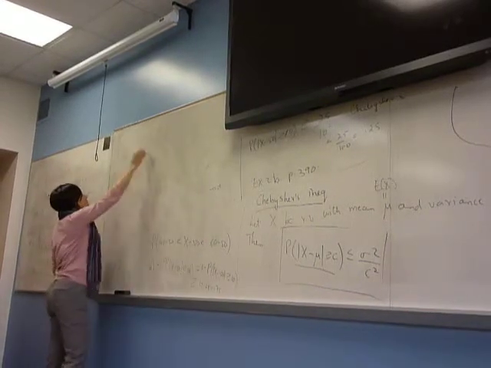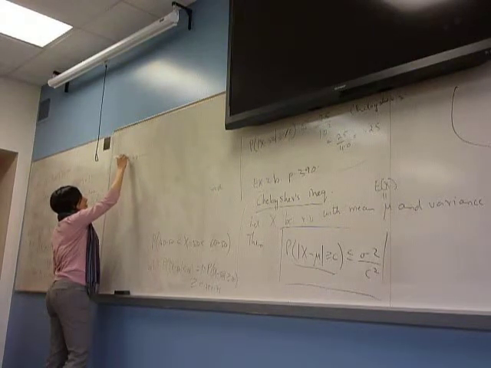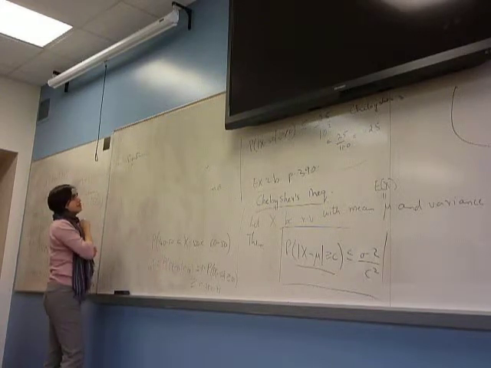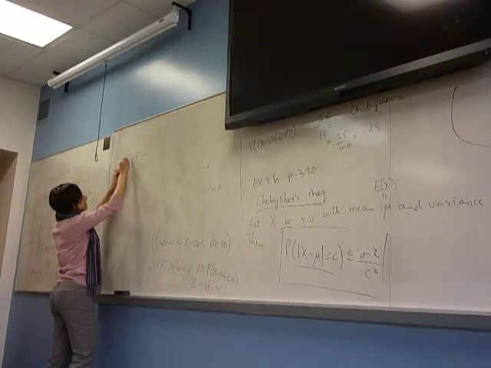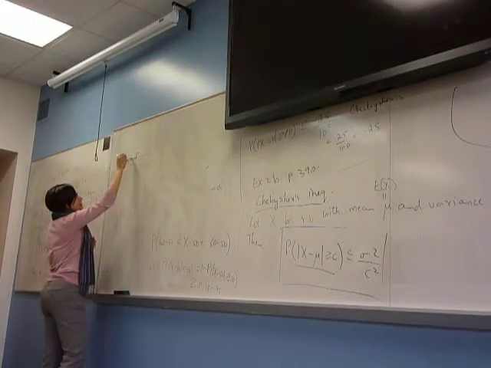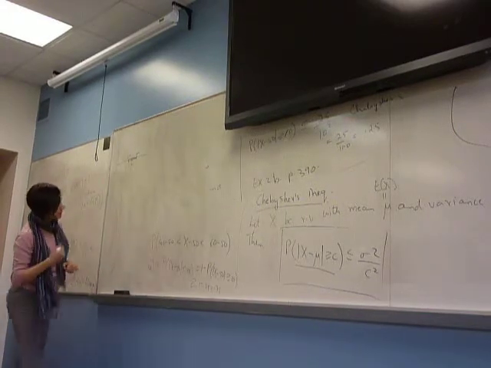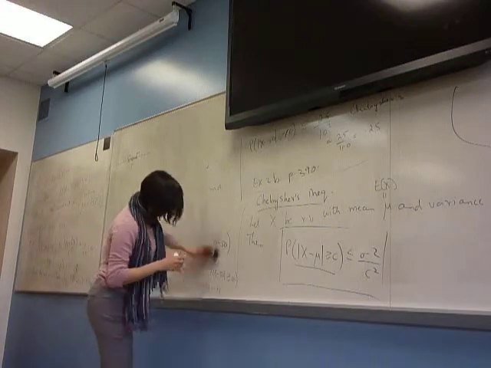So for each epsilon, I've proved that x can only take values in here, because the probability of being out here is 0. Shrink your interval, and that means x can only take values out here. So as epsilon goes to 0, x can only be mu.